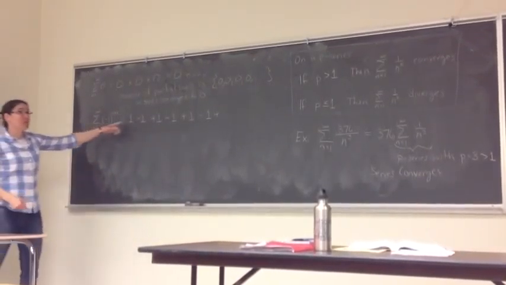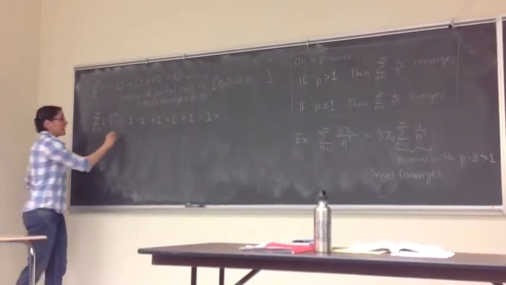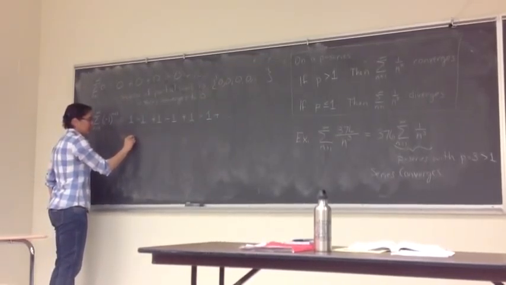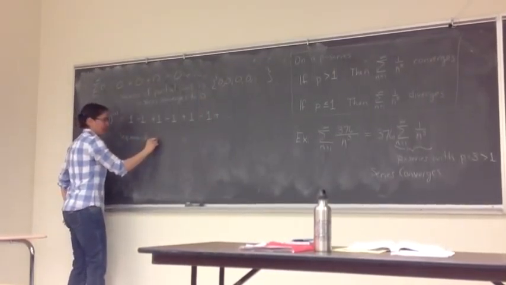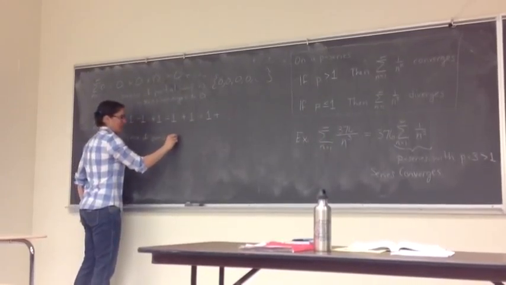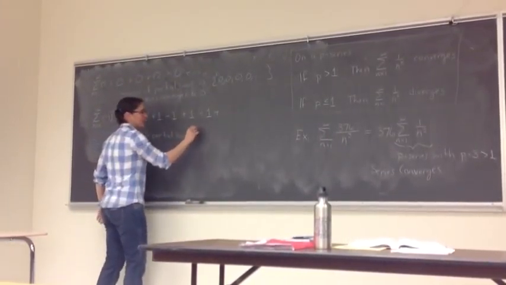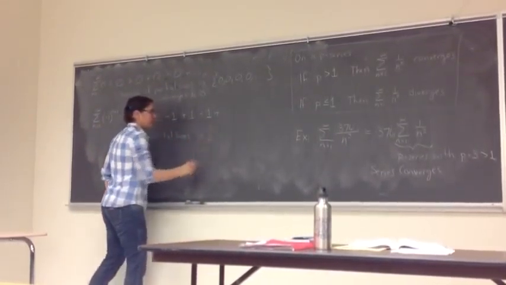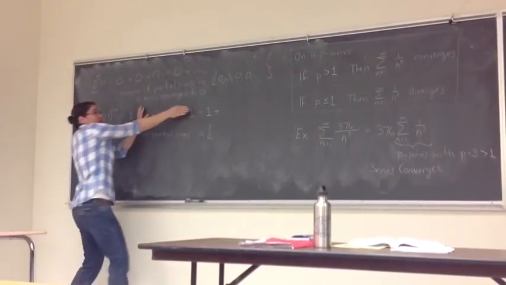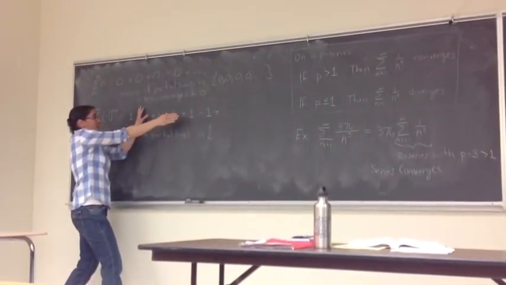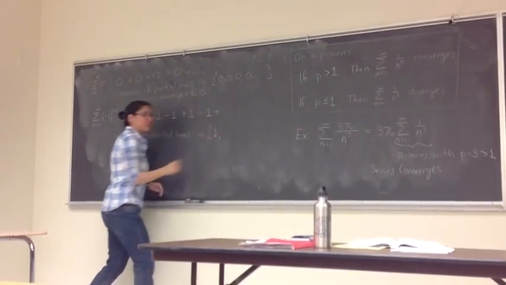Now let's look at our second one down here. Our sequence of partial sums: if I just add the first number in our sum, I have a 1.